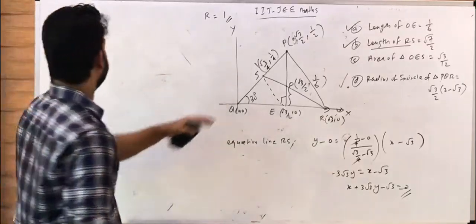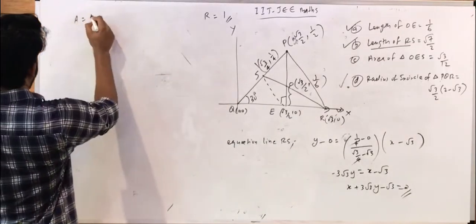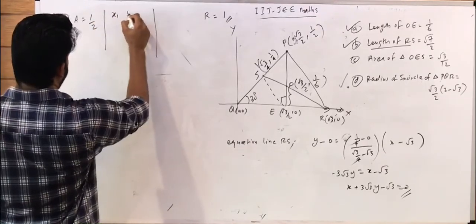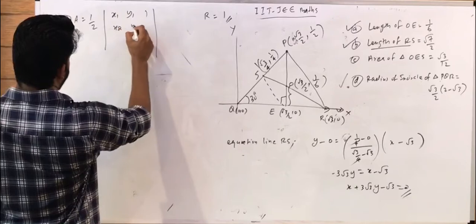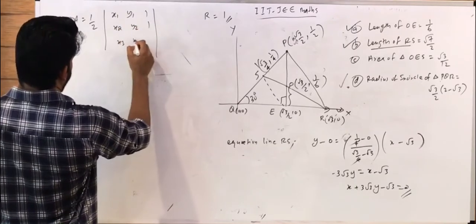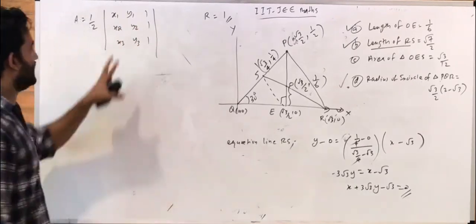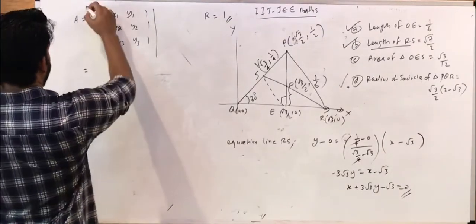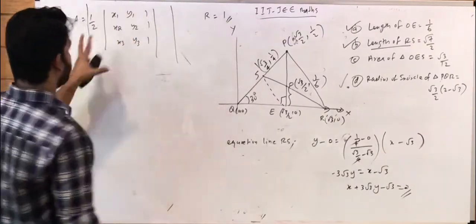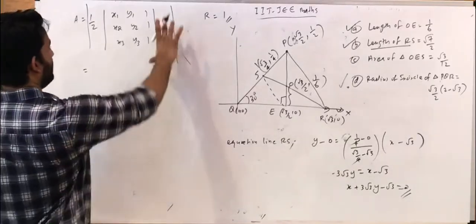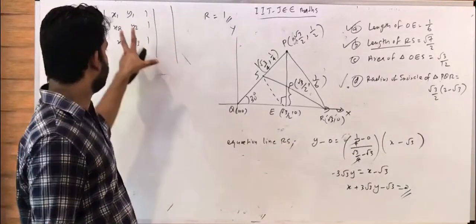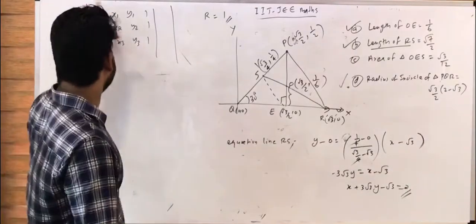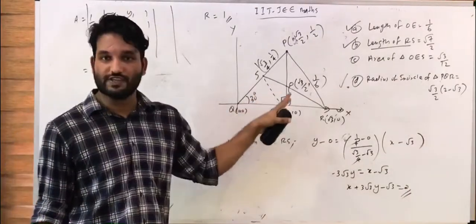Area is equal to 1 by 2 into the determinant of x1 y1 1, x2 y2 1 and x3 y3 1. We can use this formula. Once we find the determinant, if the answer is negative, take the modulus, because area is always a positive quantity.